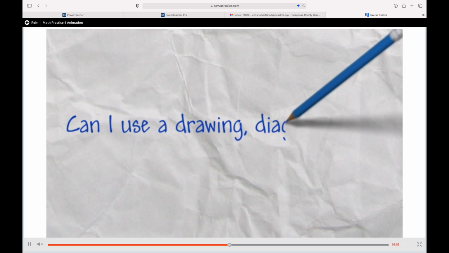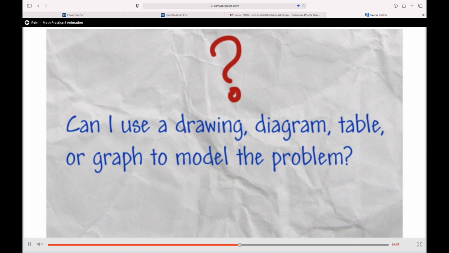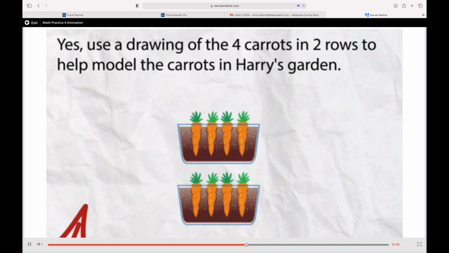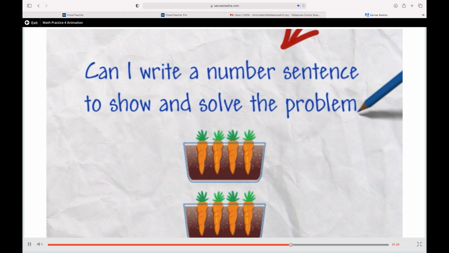You might ask yourself, can I use a drawing, diagram, table, or graph to model the problem? Yes, use a drawing of the 4 carrots in 2 rows to help model the carrots in Harry's garden. The model will help with the number sentence. Ask yourself, can I write a number sentence to show and solve the problem?